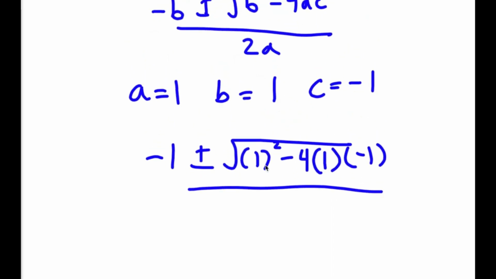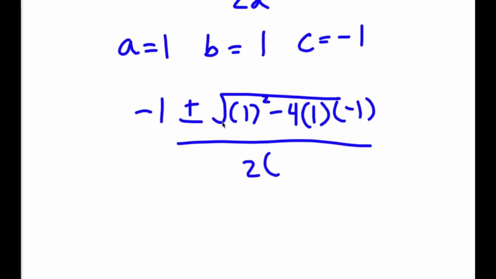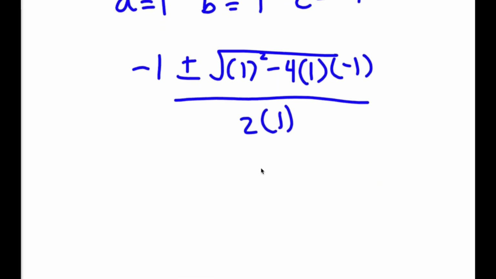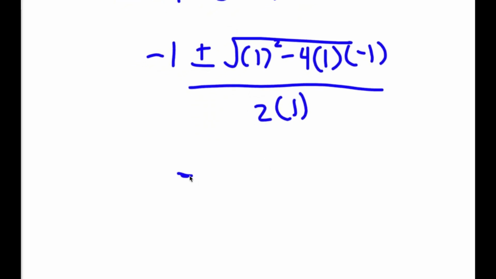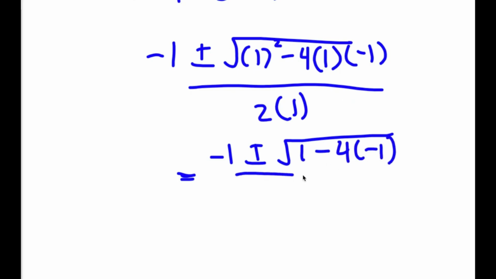And we are dividing this by 2 times a, which is 1. Now this is equal to negative 1 plus or minus the square root of 1 squared, which is 1, minus 4 times 1, which is 4 times negative 1, over 2. 2 times 1 is 2.